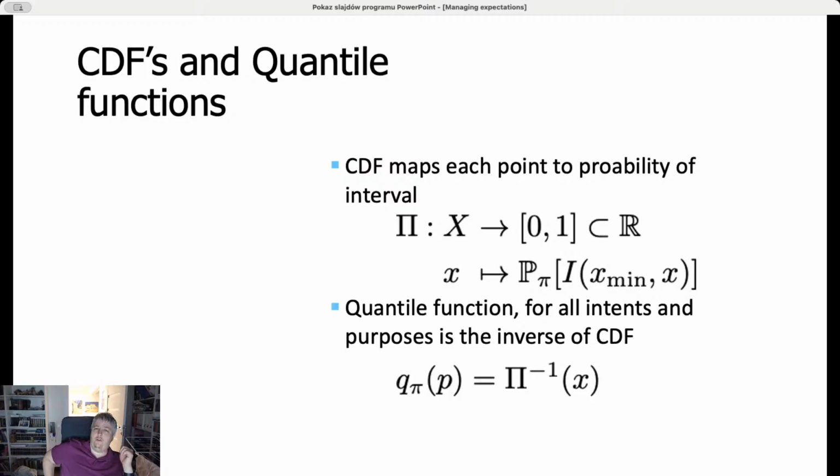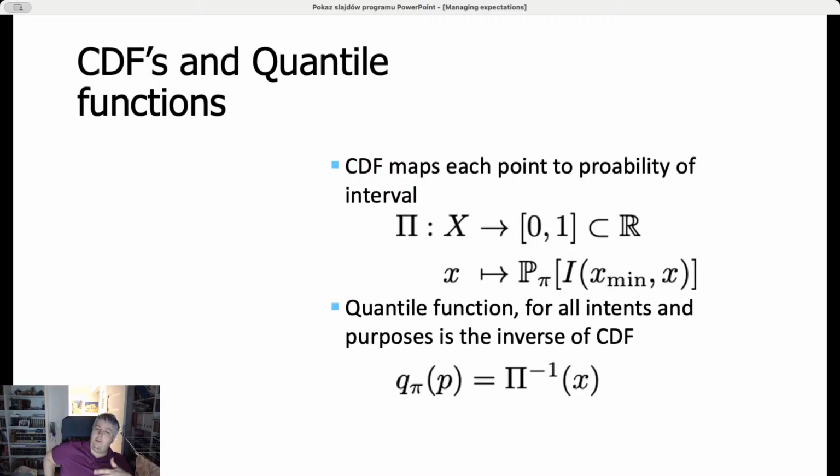The quantile function is strongly related to the cumulative distribution function, which, if you remember, is an integral of the probability density function, or otherwise a function that assigns to each element X of the probabilistic set a value between 0 and 1.